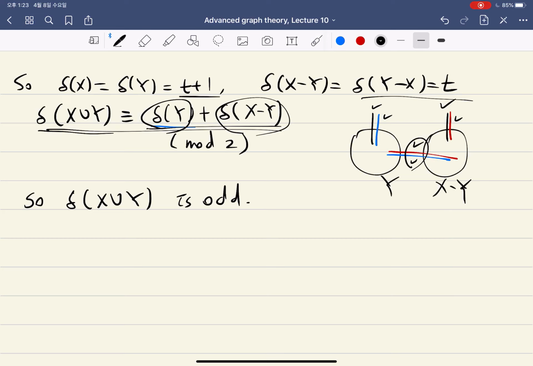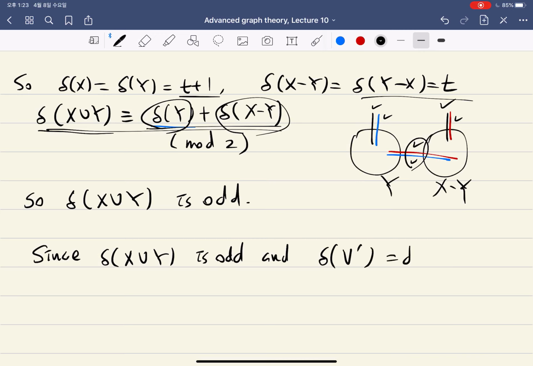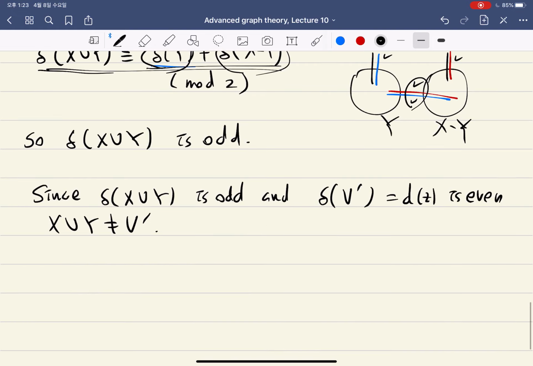And also from this we can conclude the parity of the intersection of X and Y. And because this is odd and the entire thing is even, we first know that this union is not the entire thing.